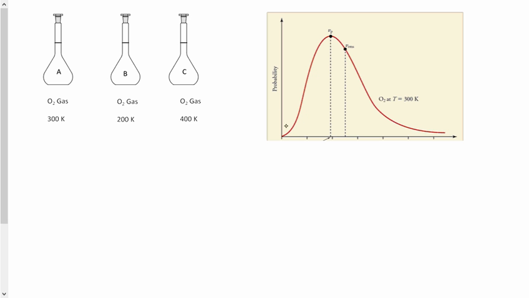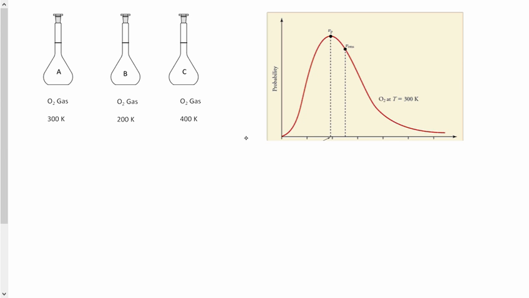We noticed that for 300 Kelvin, which would be flask A, we've got a nice rise to the peak velocity. That would be the greatest velocity that the particles have, the VRMS, which is the root mean square average for the velocities.